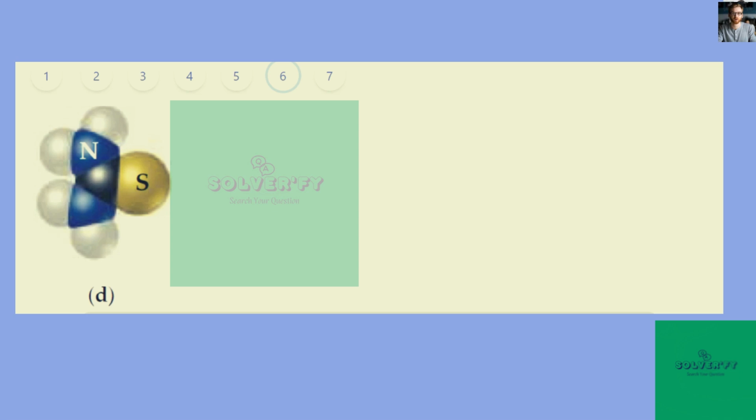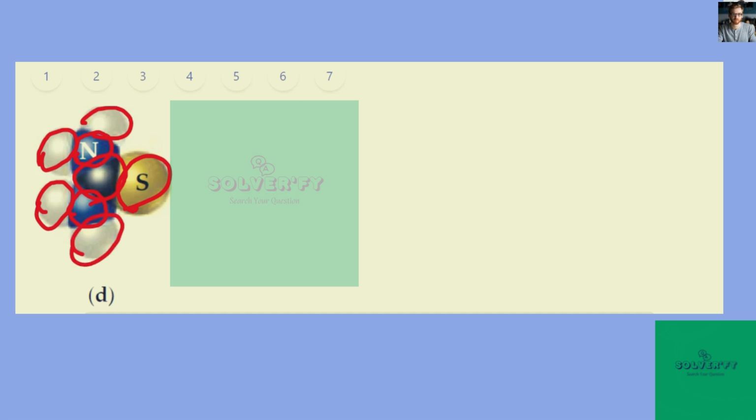And finally we have this formula where we can locate one carbon in the middle. Since the blue one is nitrogen, we have 2 nitrogen, and we have 1 sulfur, and we have 4 hydrogen, which are the white ones.